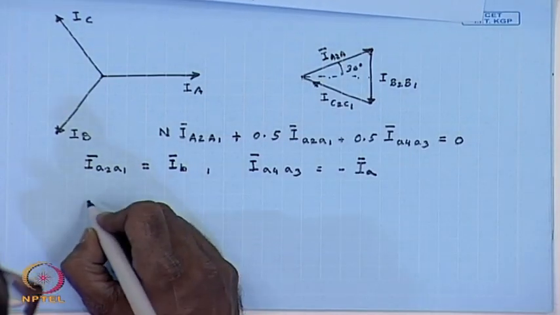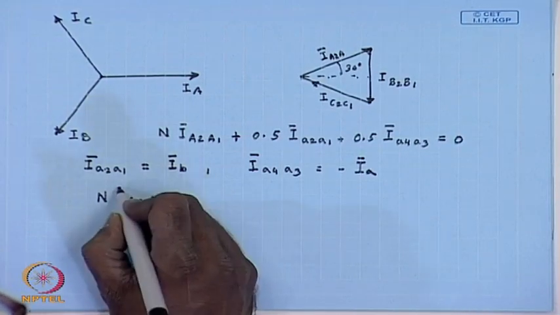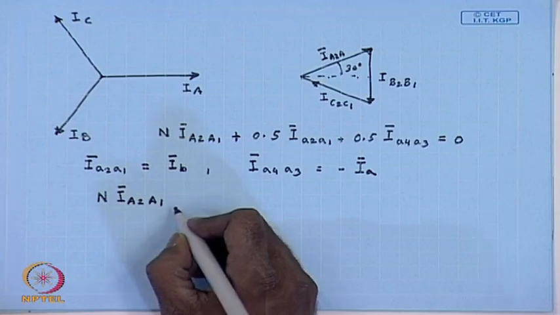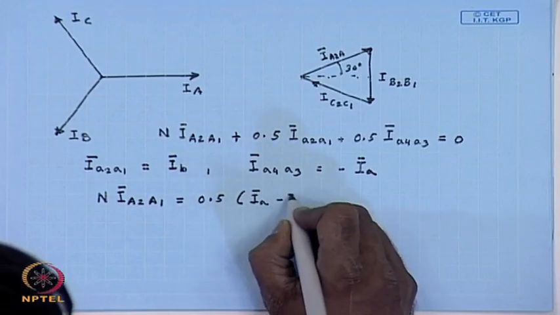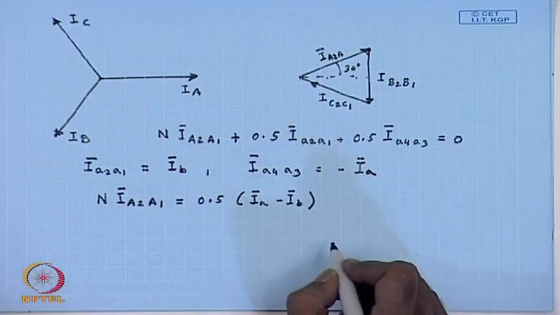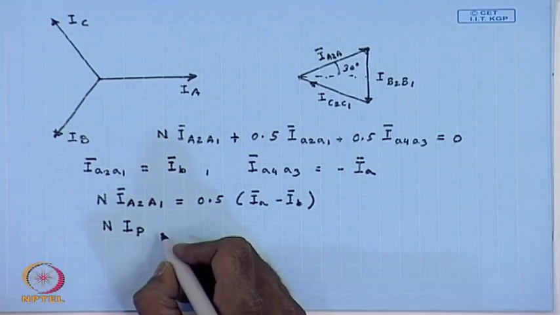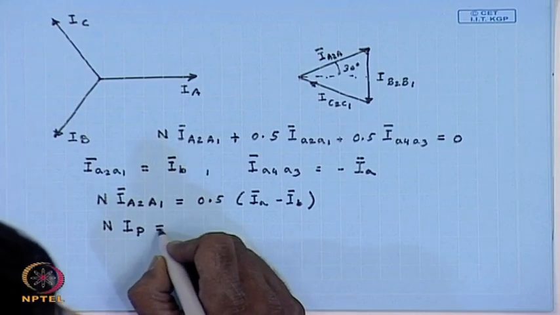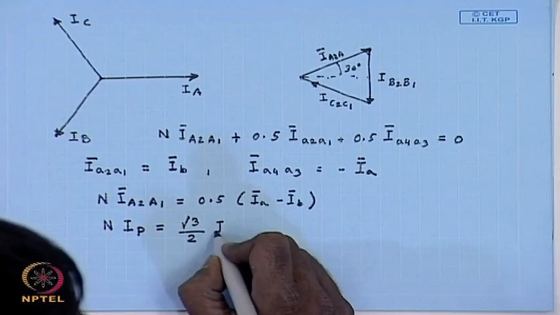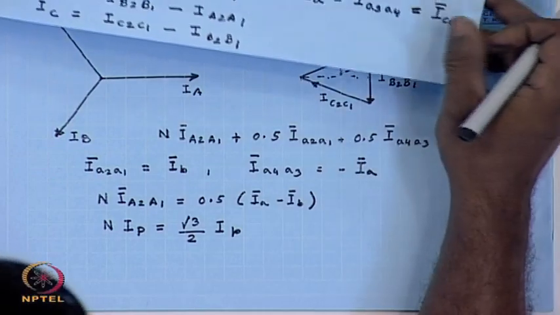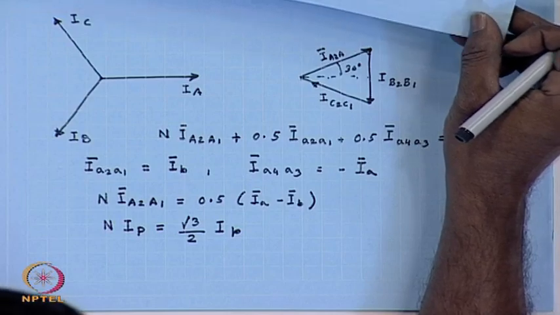So, we can write n times I_A2A1 equal to 0.5 times (I_A minus I_B), or n times I capital P equal to root 3 by 2 times I small p, because I_A and I_B are the phase currents of the low voltage side which are 120 degrees apart.